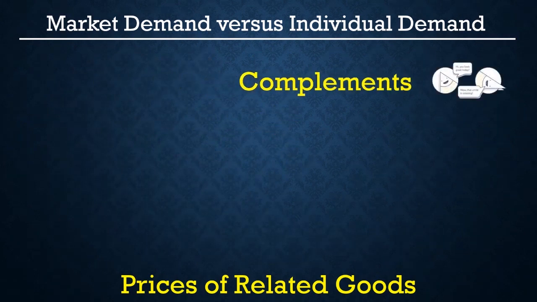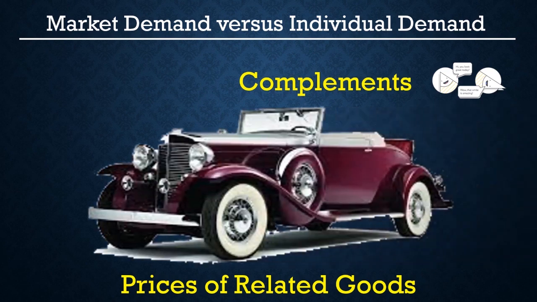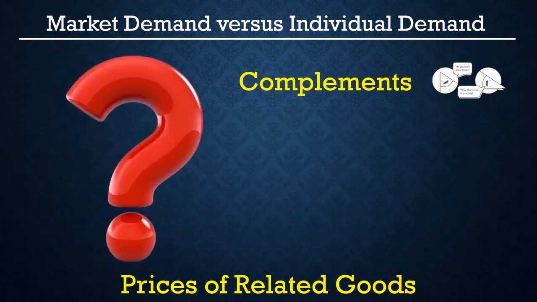Complements are defined as two goods for which an increase in the price of one good leads to a decrease in the demand for the other. For example, if there is an increase in the price of automobiles, there will probably be less demand for them.